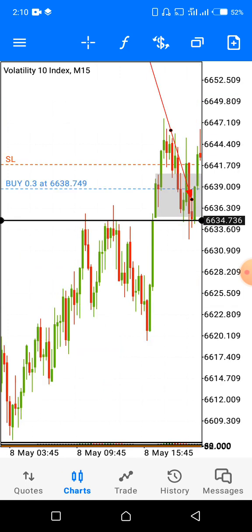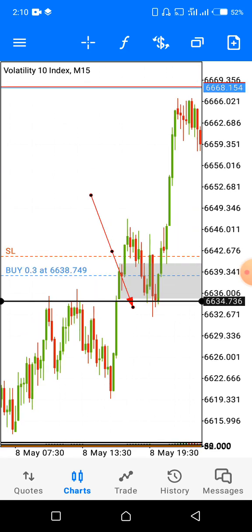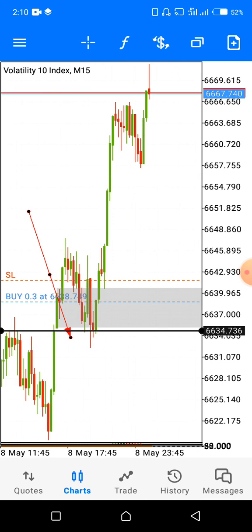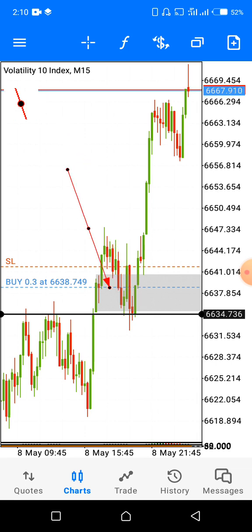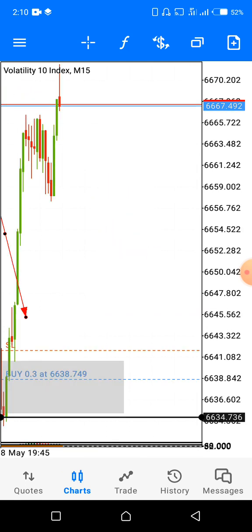You can also go ahead and check if there is a support and resistance zone there, so as to add up, so as to take a trade without fear. Now I had 2 confluences here: the order block and this support area, this previous resistance that turned to support. These are the 2 reasons why I entered the trade.